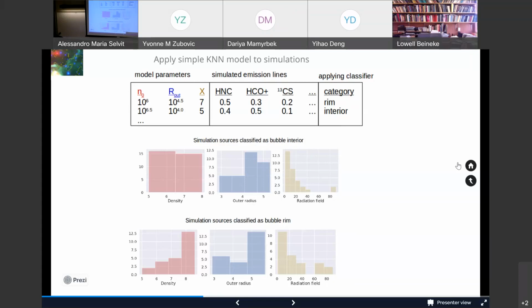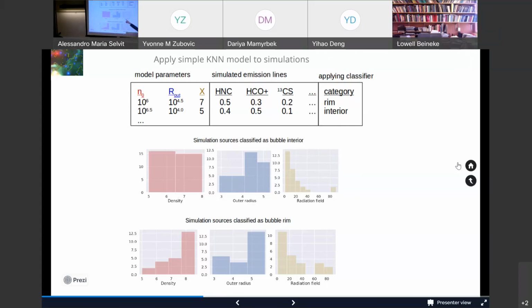We did that for all our sources, threw out the none, and then grouped together the sources categorized as rim and the sources categorized as interior, and looked at the general properties of each. For the interior sources, we see a wide range of densities, and the outer radius tends to be on the longer side.